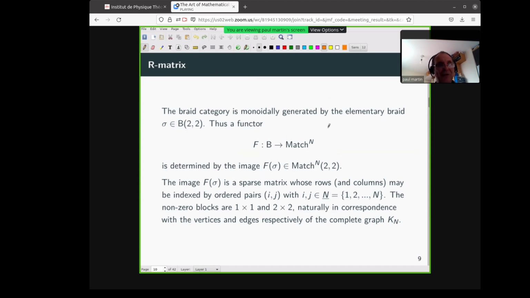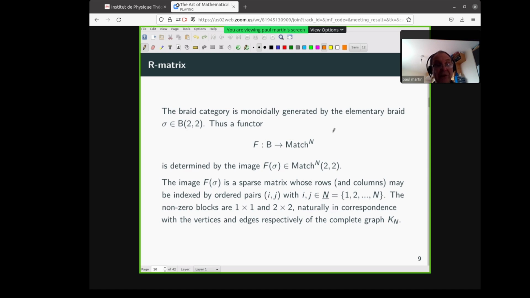Right, so yeah, let's visit this R matrix page again. We said that there's a generating braid sigma, and therefore I can tell you a representation by telling you the image F sigma of that elementary braid, and now we can see that that should be in match N22.